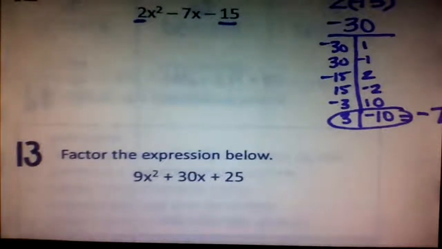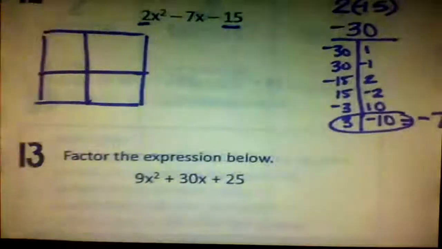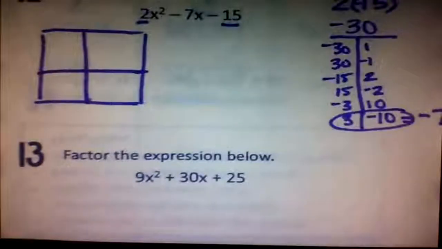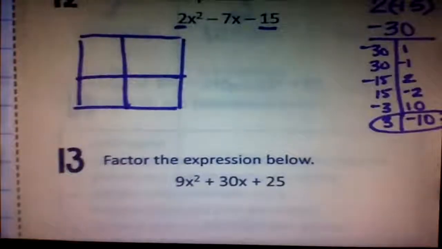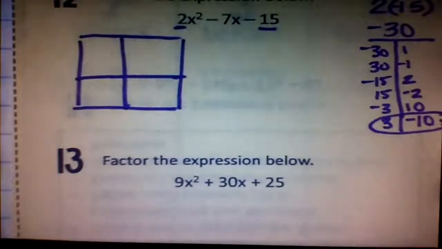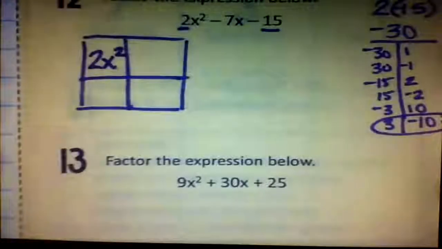What's our problem? Our problem is my a value is supposed to be a 2. So what I want you to do right now is draw a square with 4 squares in it. Inside the top left square, I want you to put 2x squared.